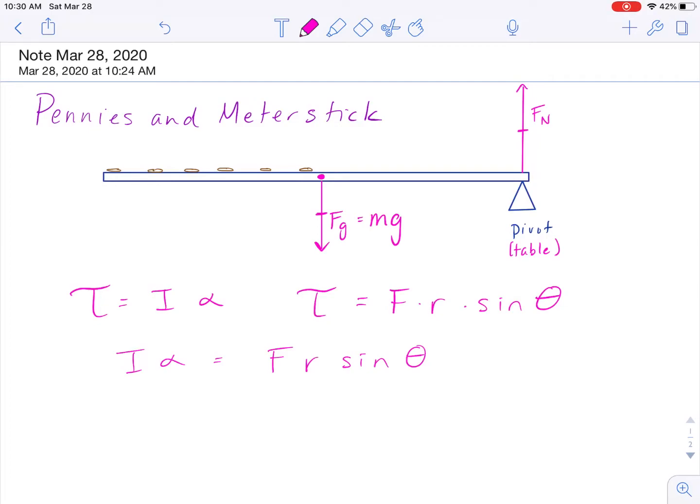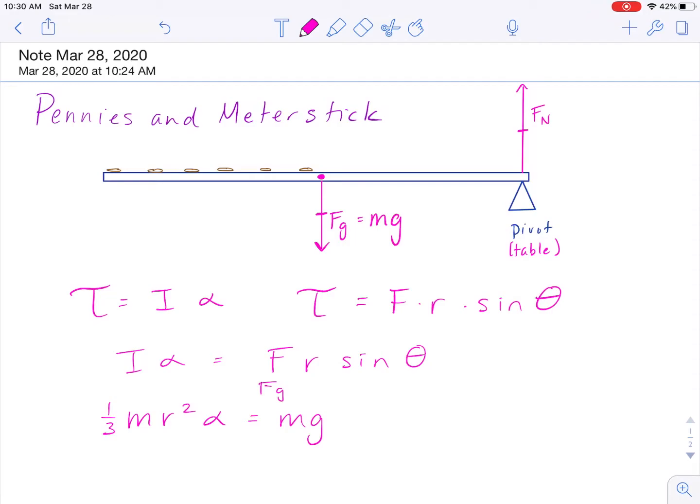Now, this meter stick is a thin rod pivoted at one end. So I is going to be 1/3 mr squared. Alpha is unknown. On the other side, the force that creates the torque is Fg, and Fg is equal to mg.